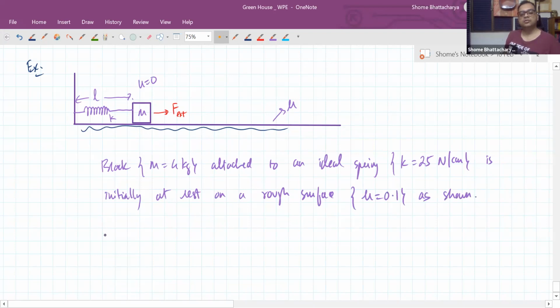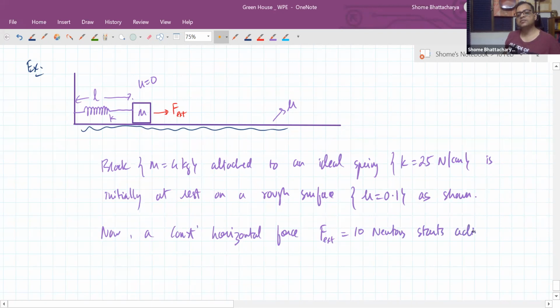Now a constant horizontal force of magnitude, let us say, 10 newtons, starts acting on the block.